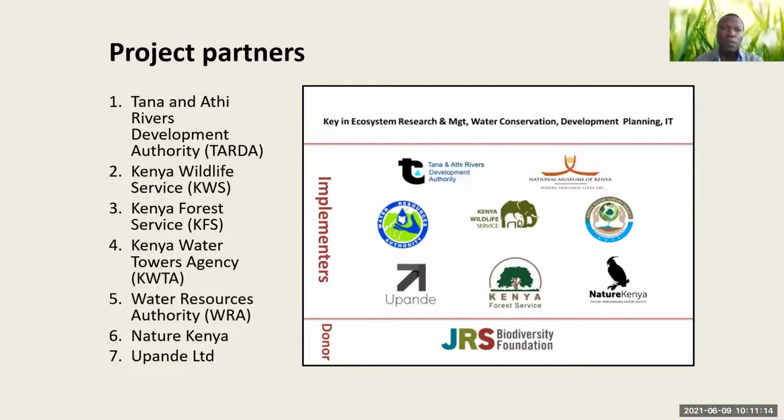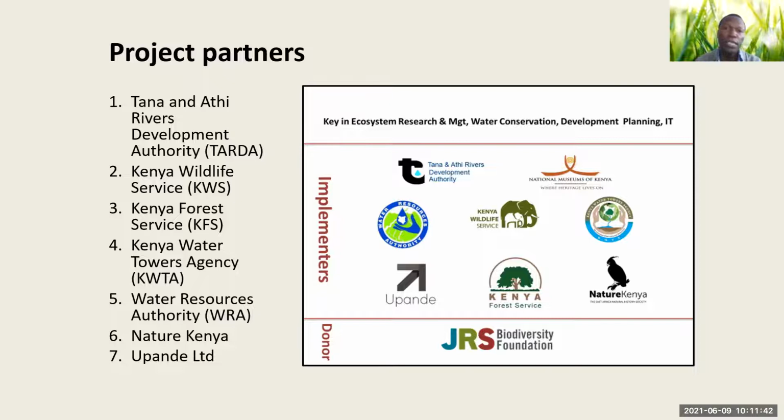So we are working with a number of partners, and these partners were selected because of the role they play in the management of the ecosystem in the Tana River Basin, also in research, water conservation, also in developing the region.